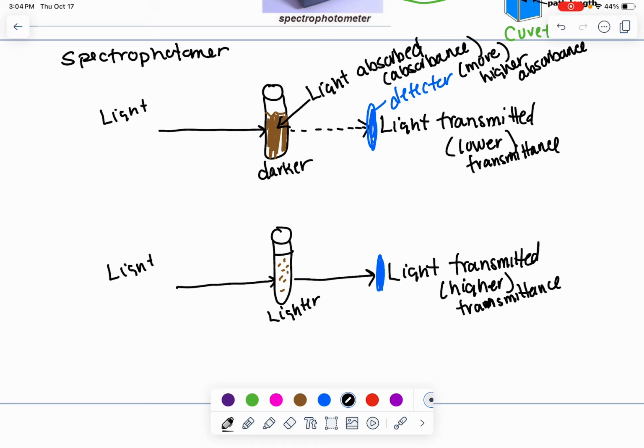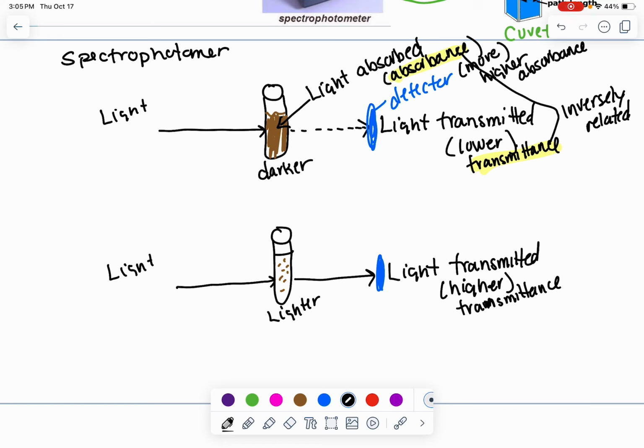We're going to see that your absorbance, what's being absorbed by the liquid, the wavelengths of light that are being absorbed, and your transmittance, those are going to be inversely related. Sort of, not directly, but inversely related. Okay.